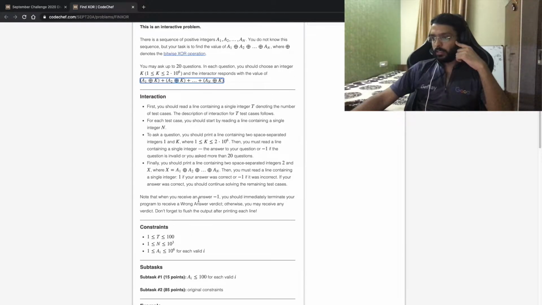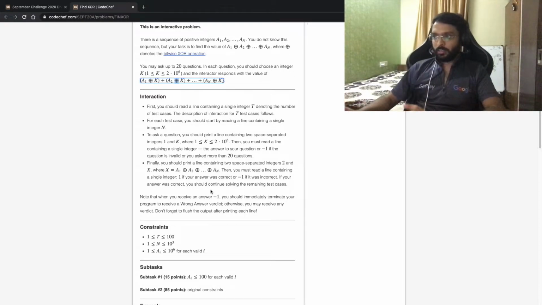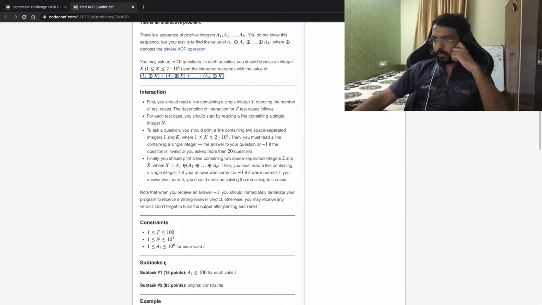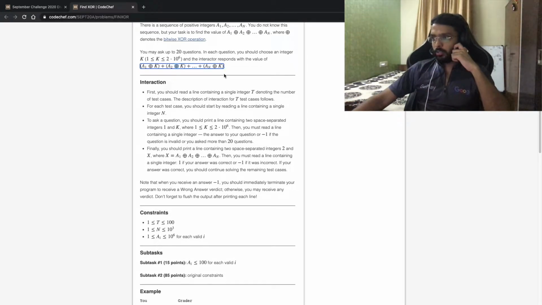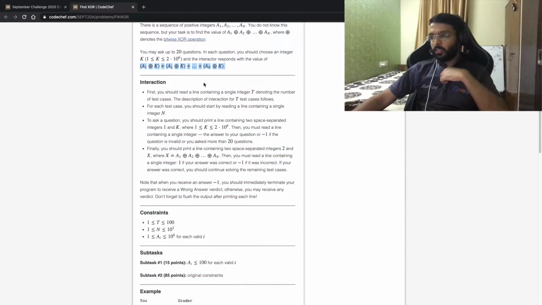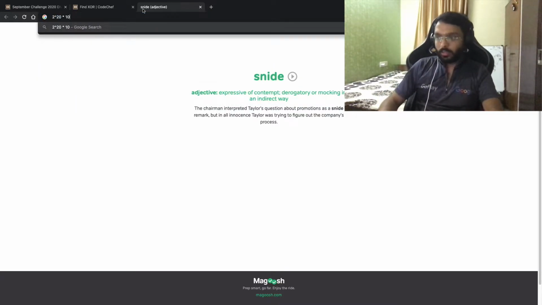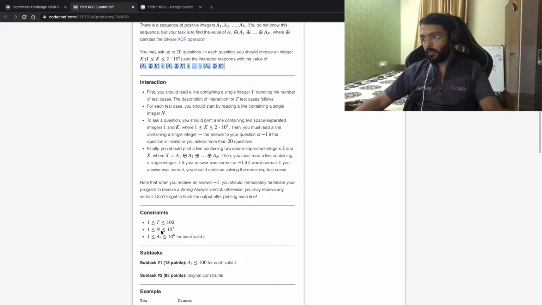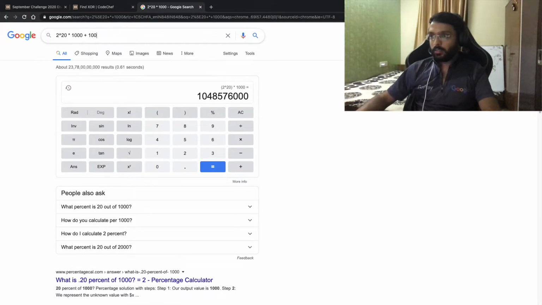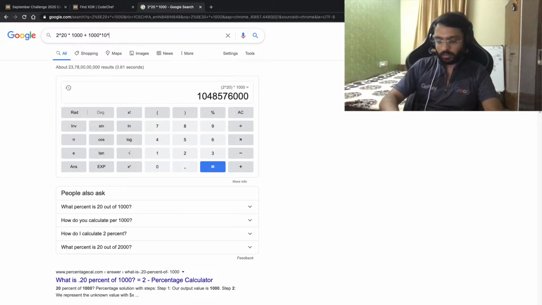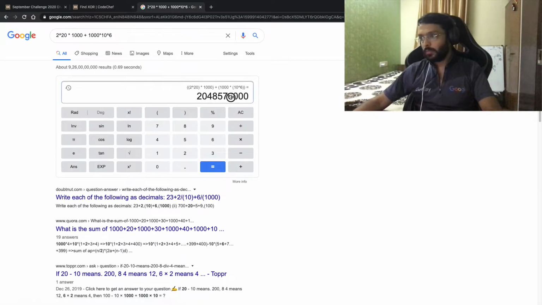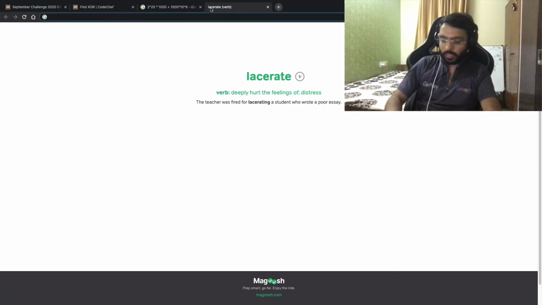Would this exceed the limit? Let me check this. The maximum value I can get if I ask the question as 2 raised to power 20 is 2 raised to power 20 times 10 raised to power 3, plus 2 raised to power 20 times 10 raised to power 6. I think this is still less than int max.